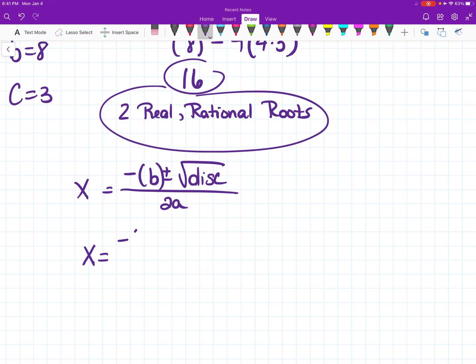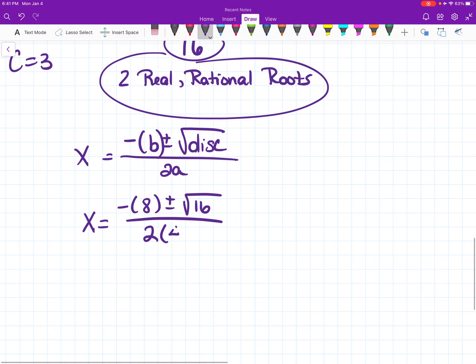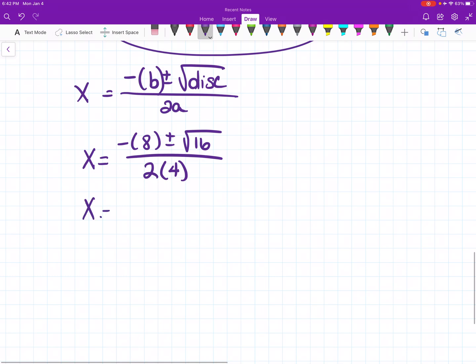Negative b is going to be negative 8 plus or minus, we already know 16 is the discriminant, all over 2, and a was 4. Now this is where I say to simplify first. So I'm going to simplify as I can, and this is going to be negative 8 plus or minus 4 all over 8.